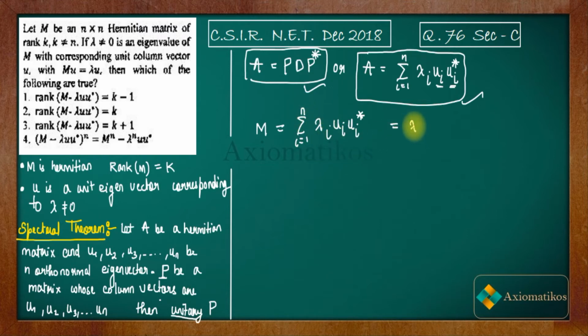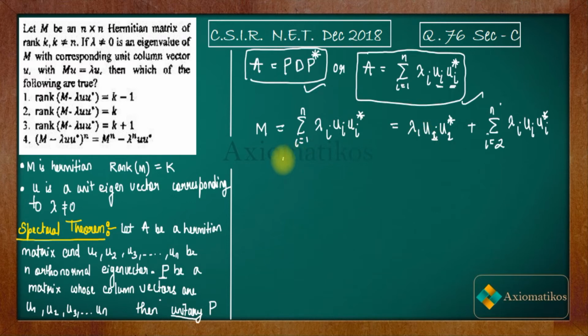If you separate your first term, you will get this: lambda 1 u1 u1 star plus summation i equal to 2 to n lambda i ui ui star. Sorry, it's not up to n minus 1, it's up to n. So this is what we will get.